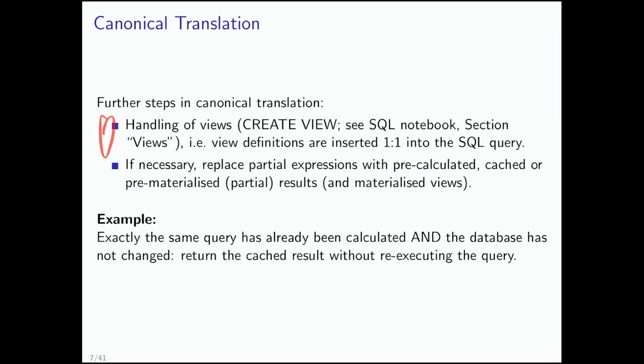You can also do straightforward optimizations like partial expressions. So if you already computed part of that plan, part of that relational algebra expression before, you can just use a cached result. Yeah? You had a very similar query, or even the same query before. Why do you even re-execute it? You can just return the cached result, which is a good idea if the data didn't change in between.